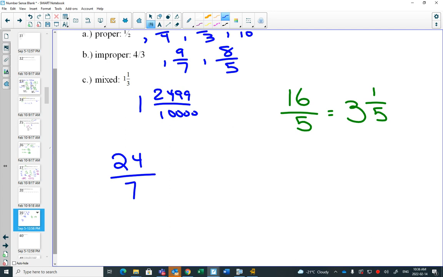What did you do in the past? Put 7 into 24 as much times as you can, which is how many times? 3 times. You're right. You can fit 3 full 7s into 24 because that gets you up to 21. You can't put 4 in there. And then how do you do the next part of the mixed fraction?